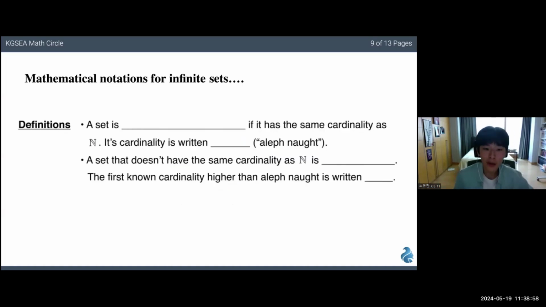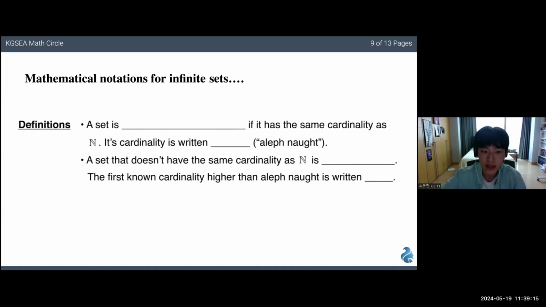So we've been talking about infinite sets for a while, but we haven't really established a mathematical foundation for how we can represent these sets. So I'm going to give a brief mathematical definition of how we can represent them.